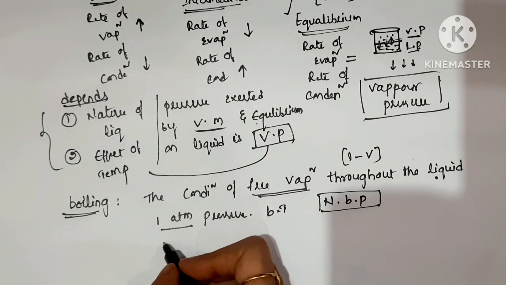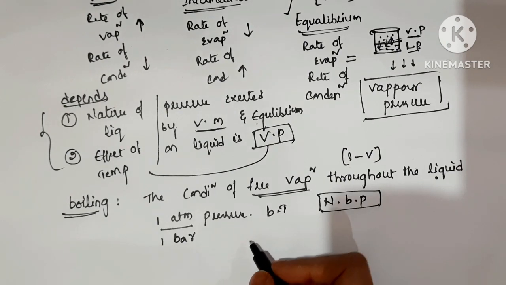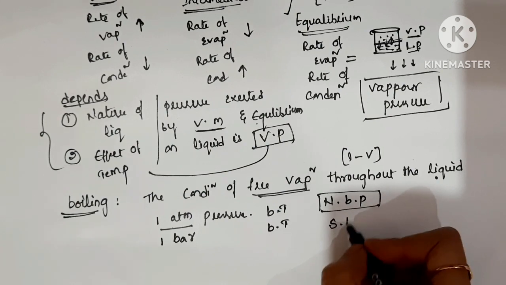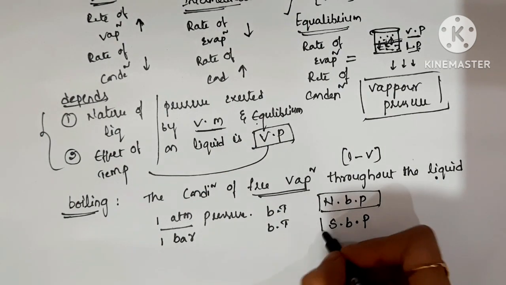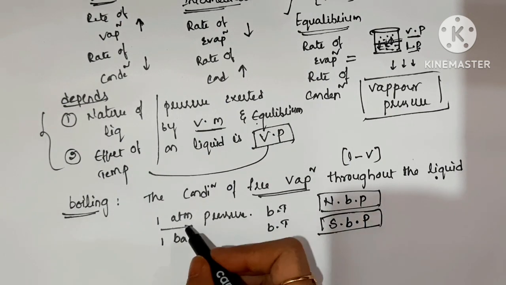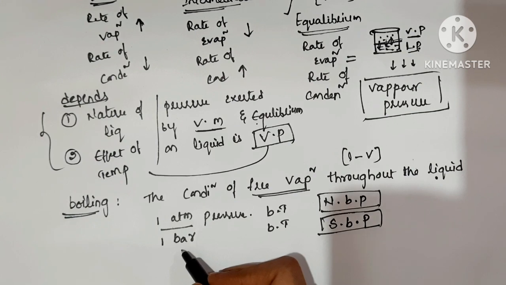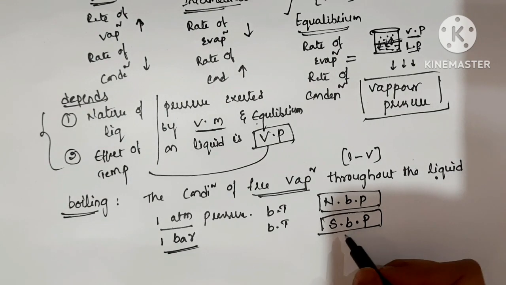If the pressure is 1 bar, then the boiling point is called the standard boiling point. If the pressure is 1 atm, the boiling temperature is the normal boiling point. If the pressure is 1 bar, the boiling temperature is called the standard boiling point.